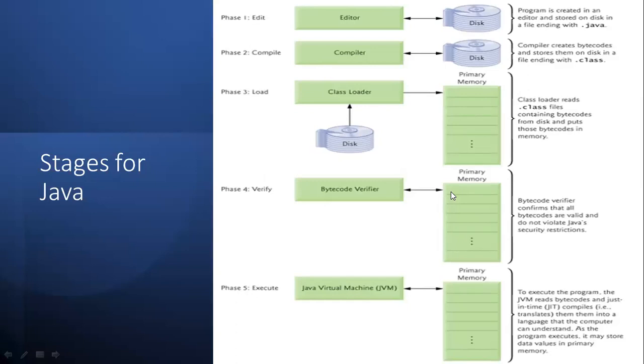Then in the load stage or phase, there is a class loader. Then at phase four, there will be the bytecode verifier, and at the last there will be execute. As we know, execution means running, which will be done on the JVM. So we will discuss it in detail one by one.